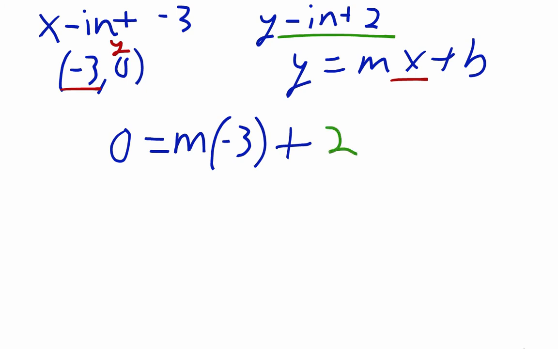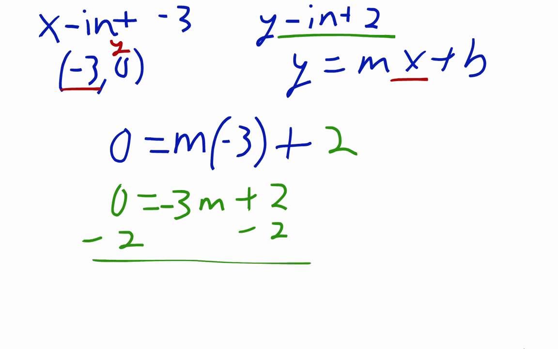So we've got different colors to represent that. So we have 0 equals negative 3m plus 2. Subtract 2, subtract 2. So negative 2 equals negative 3m. Divided by negative 3, divided by negative 3.